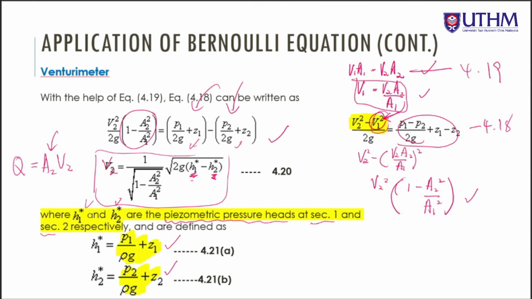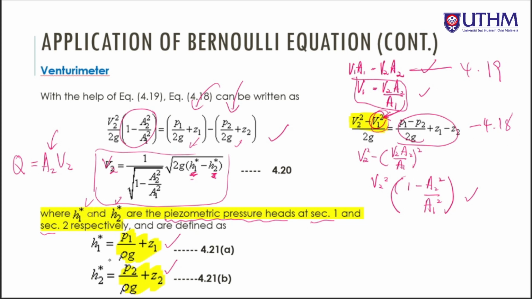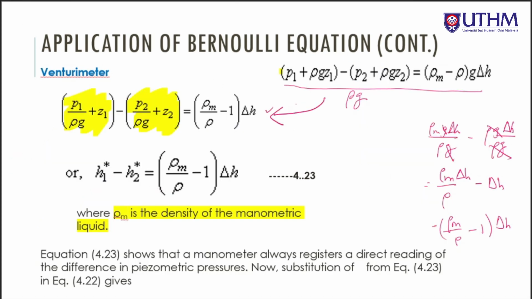Betul tak? H1 star dengan H2 star kita jumpa balik dekat sini. Ni H1 star, H2 star. So kita tahu H1 star minus H2 star sama dengan benda ni, kan? Where this is actually, macam saya cakap tadi, the density of the manometric liquid.